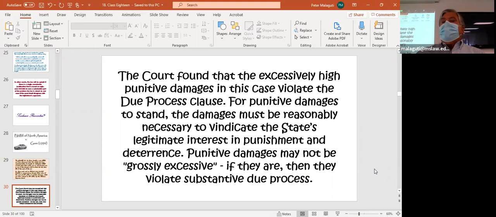Justice Breyer writes the decision for the Supreme Court, and what does he find? Excessive state punitive damages awards violate the substantive due process clause. And by the way, I'm saying substantive due process to distinguish it from something we will just barely touch upon in this course near the end, called procedural due process.